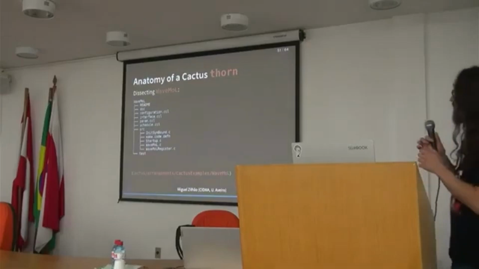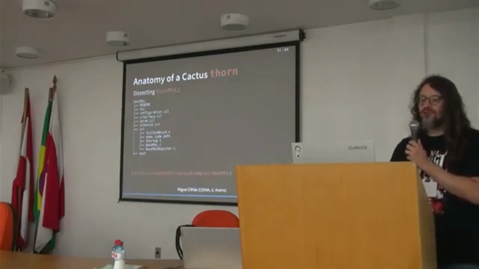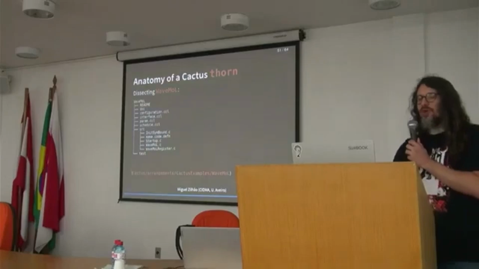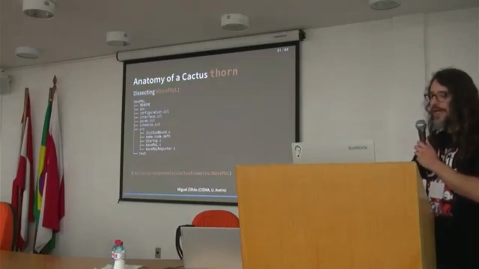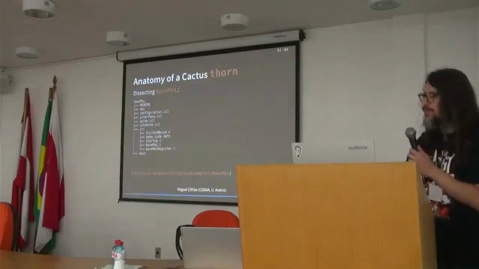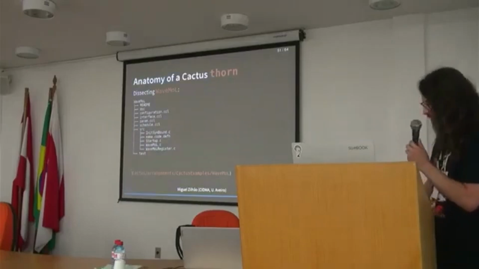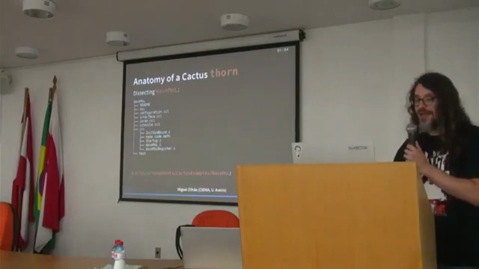This particular thorn is called WaveMoL, and once you have the code, you can find it in this folder. We'll go back to this, but for now I just want to give you the basic idea.